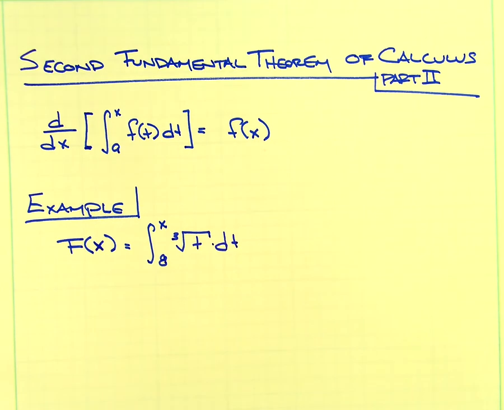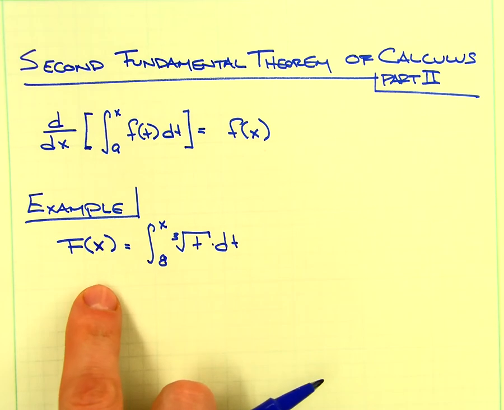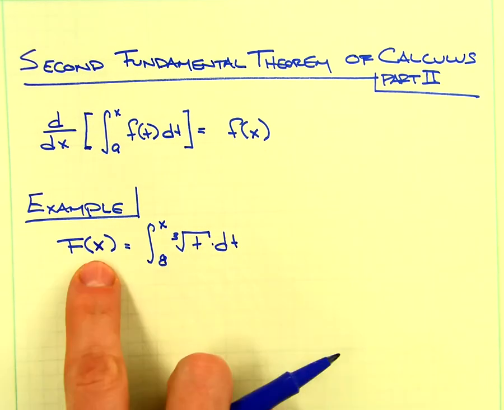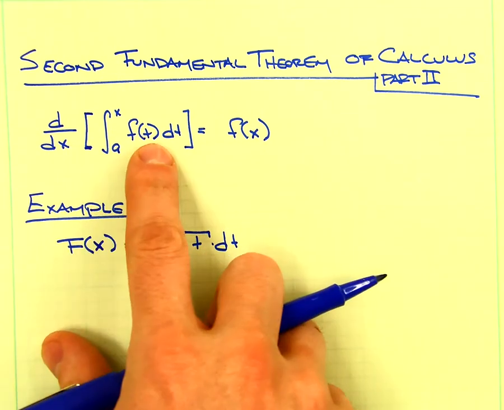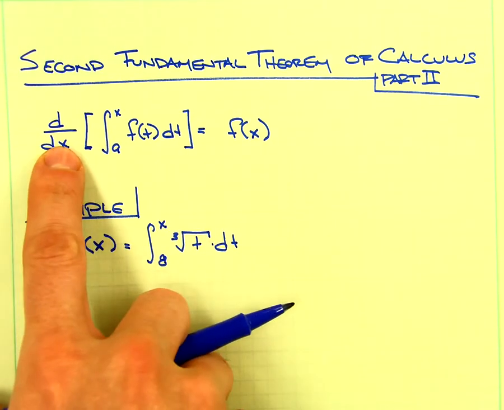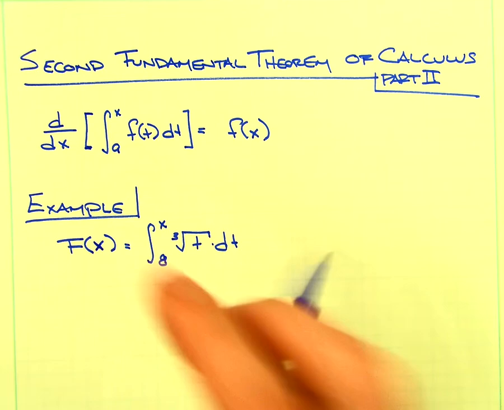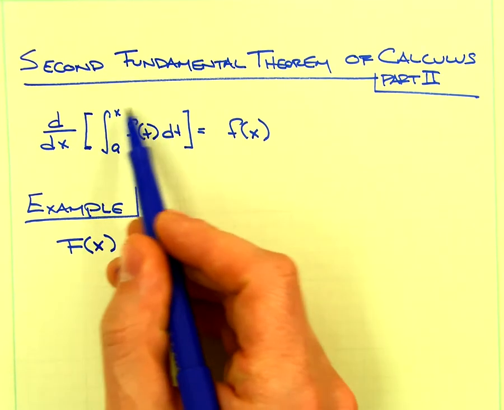Okay, and so in this problem there's two parts. One is I want you to integrate this function so that we can find capital F. And we're going to demonstrate the second fundamental theorem of calculus by then taking the derivative of this function, right? So in this case, this would be our capital F of x.